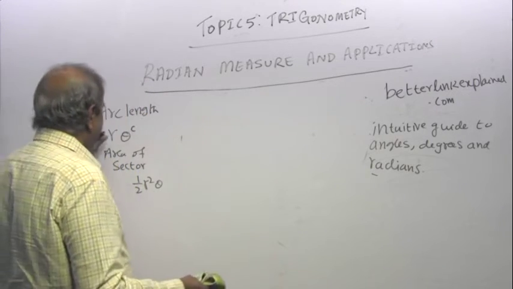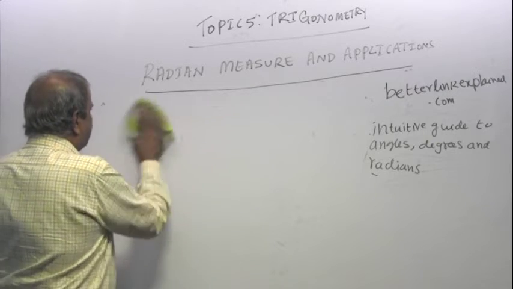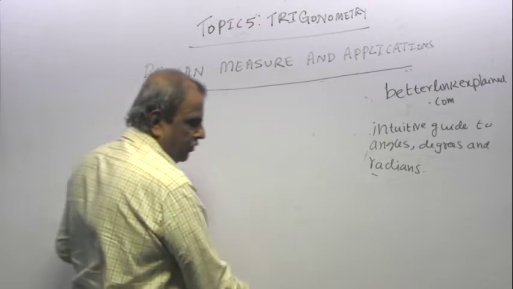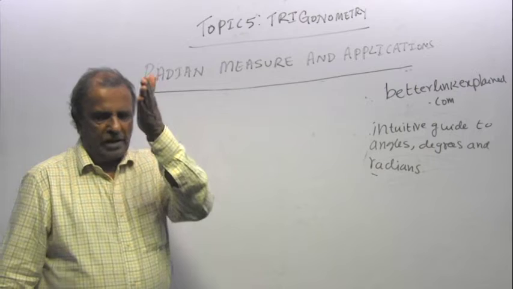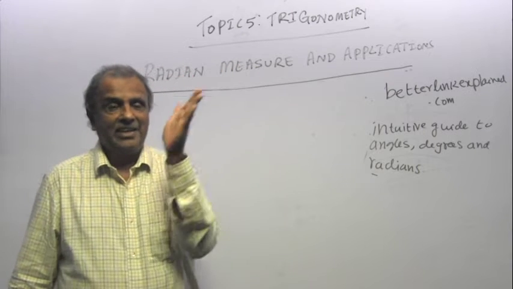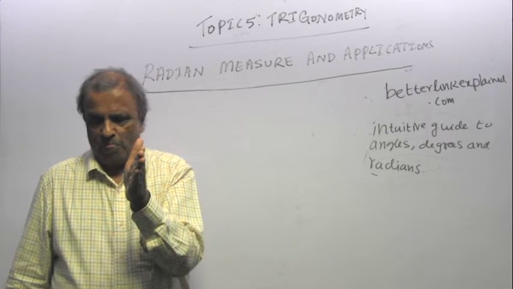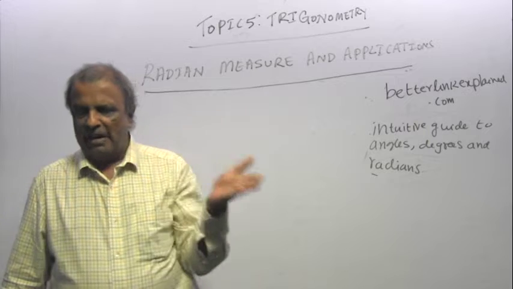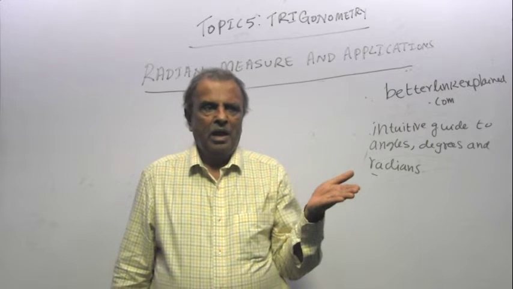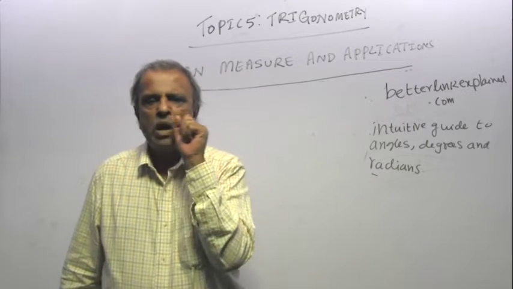Okay. This formula, I'm not much interested in that. If you take your calculator, find in radians, not in degrees, sine theta and then divide it by theta, you get almost 1.